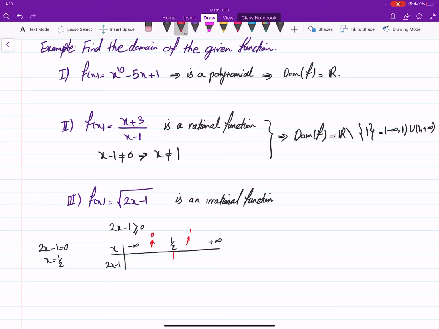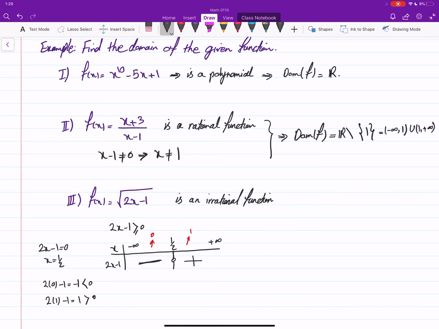At 1/2, this is 0. Now, 2 times 0 minus 1 is negative 1. It is a negative value, so the sign table shows that this part is negative. And 2 times 1 minus 1 is 1, a positive number, so this part is going to be positive.